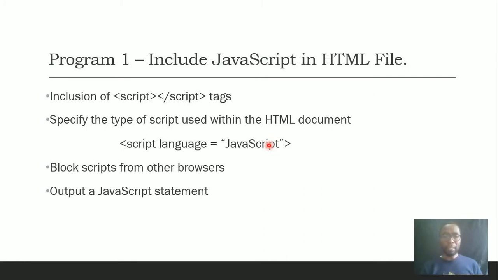And then at the end of the day, we should be able to output a JavaScript statement that would show us that it is working right inside an HTML file. We're going to use our software, Visual Studio Code, to illustrate this very first concept.